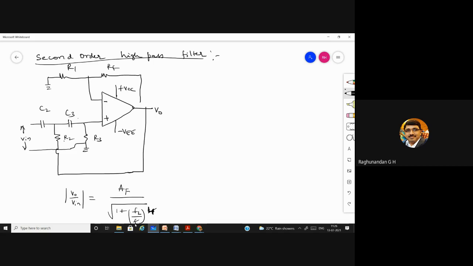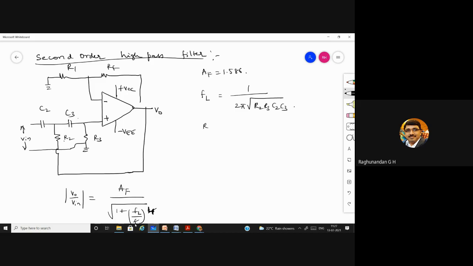Many times I have seen students make a mistake here because they think that both the formulas are the same and only FL and FH are different. Along with that, there it is F by FH, here it is FL by F. Please remember this. Again, the passband gain is taken to be 1.586 and FL, the lower cutoff frequency, is 1 divided by 2 pi root of R2, R3, C2, C3.